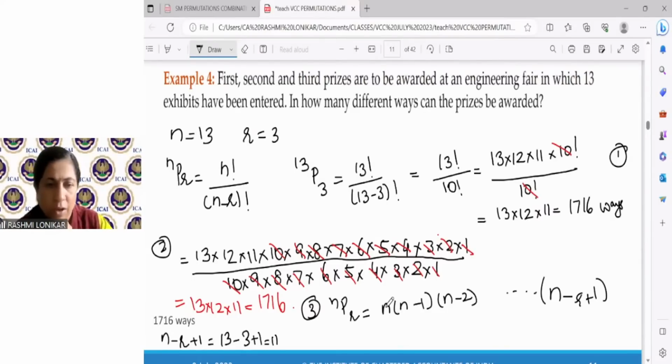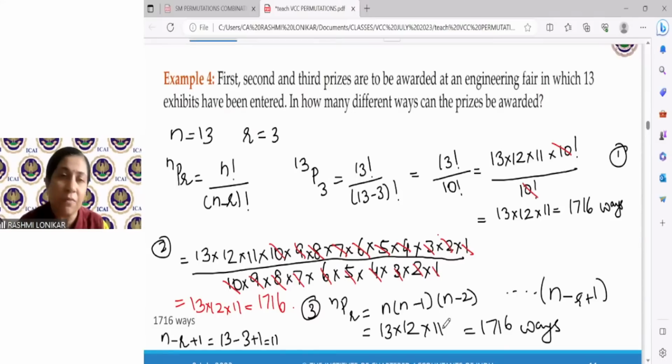So from 13, up to where should I go? 13, then 12, up to 11. So this is also equal to 1716 ways: first, second, and third. Any of these three methods is perfectly all right, and you can use any of them. Clear?